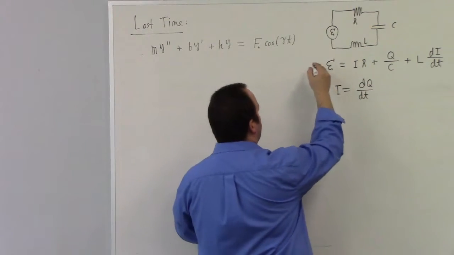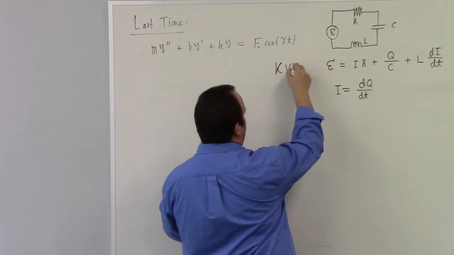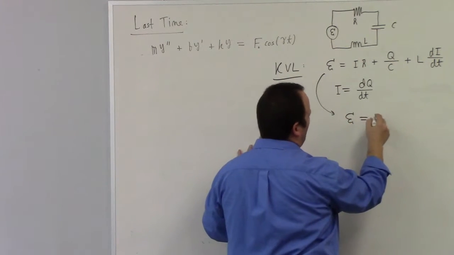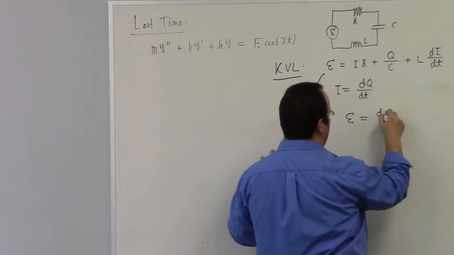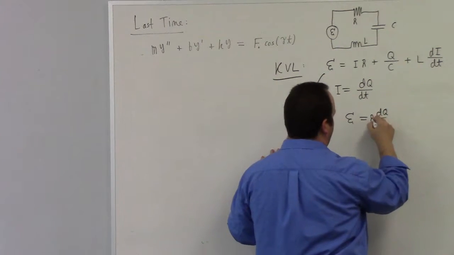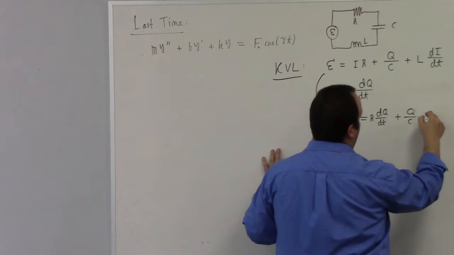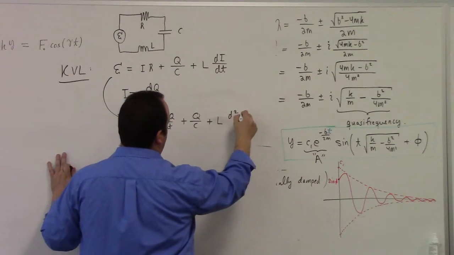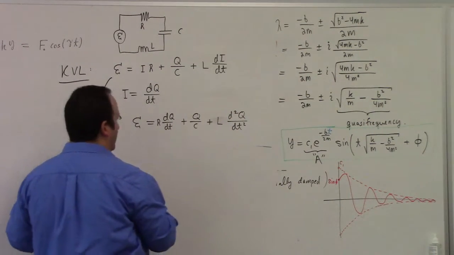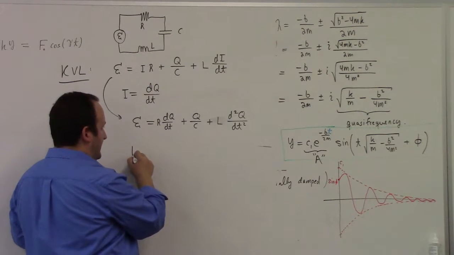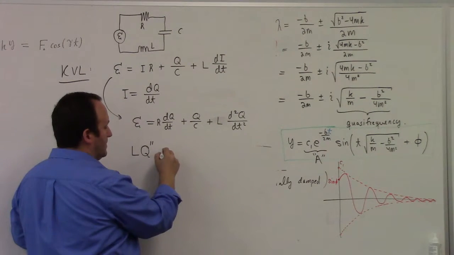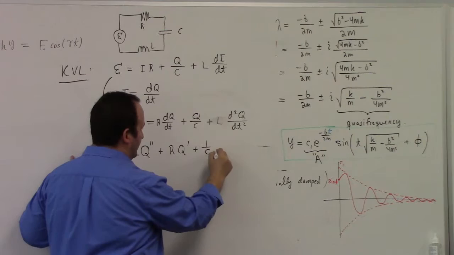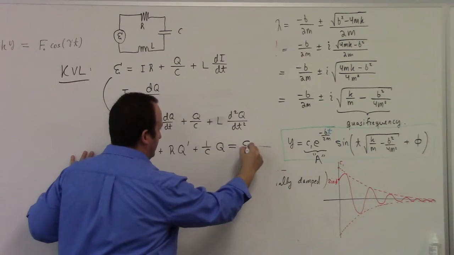So this Kirchhoff's voltage law, or KVL as it's sometimes called, you can rewrite that as the voltage is equal to dq dt times R plus Q over C plus L d squared Q dt squared. Or in other words, let me just rewrite it one more time. That's L Q prime prime plus R Q prime plus 1 over C times Q equals the voltage applied.